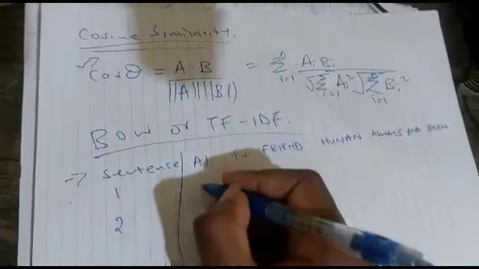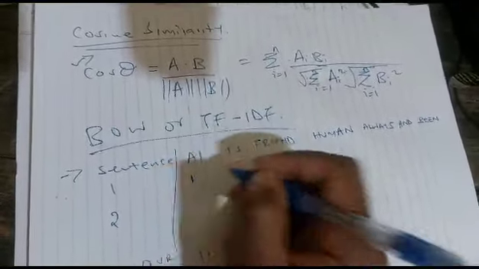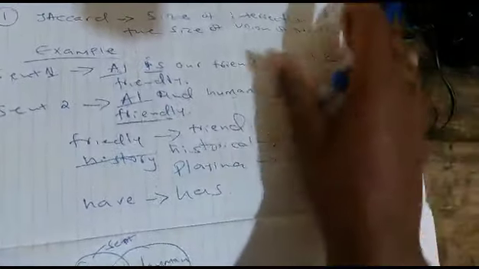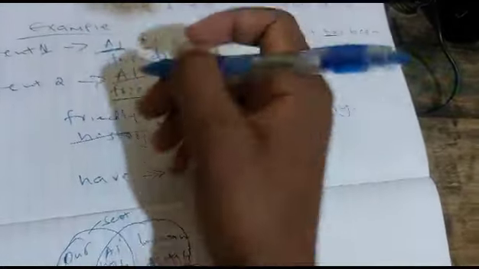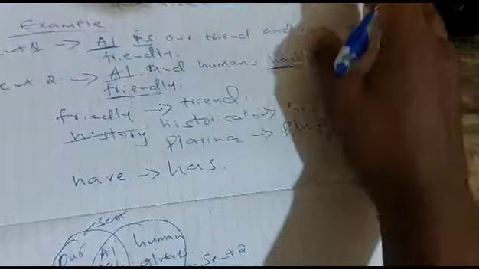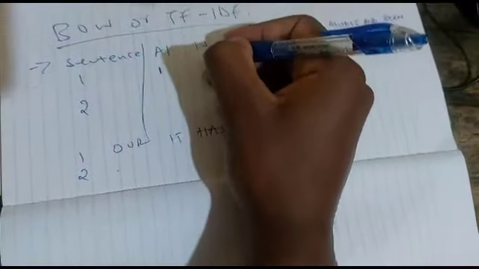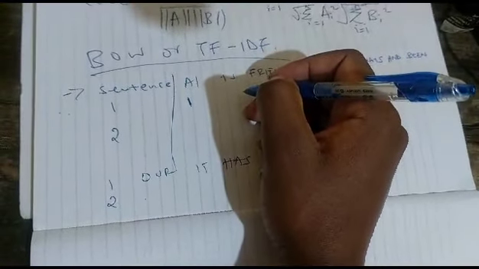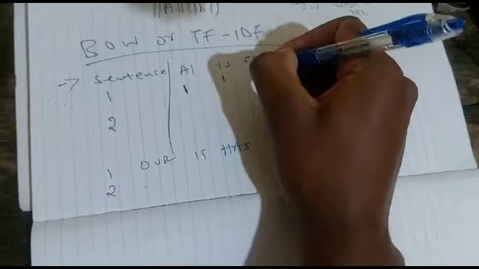In sentence 1, AI appears once. The frequency is how many times the word appears in the sentence, so AI's frequency is 1. Is appears once.